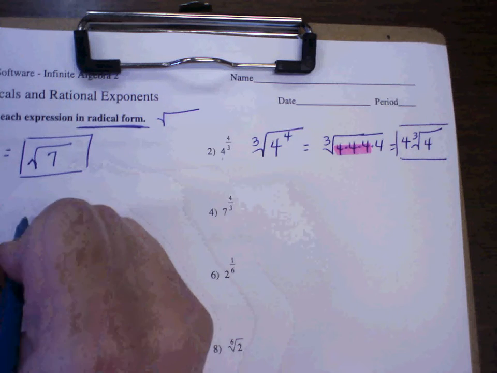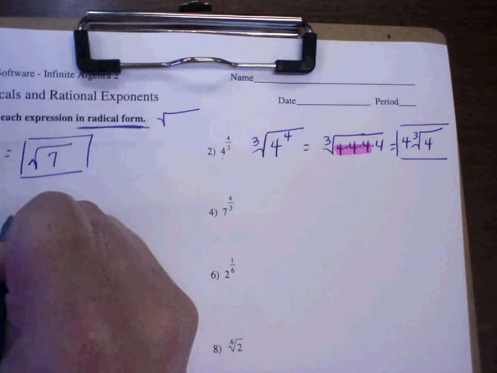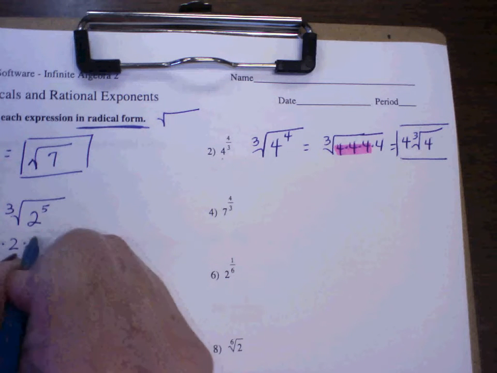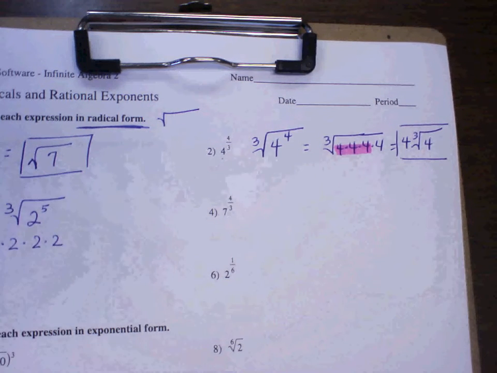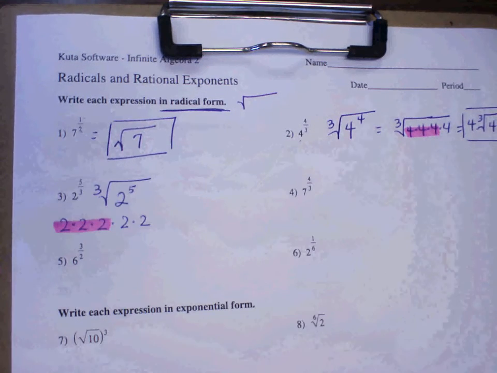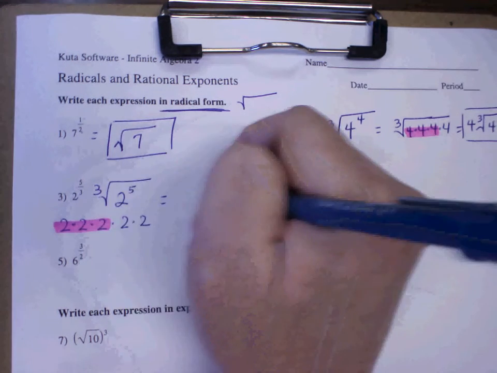All right. Let's do the next one. How many 2's do you have? 5. What kind of root is it? Cubic. So 1, 2, 3, 4, and 5. For every 3, 1 comes out.